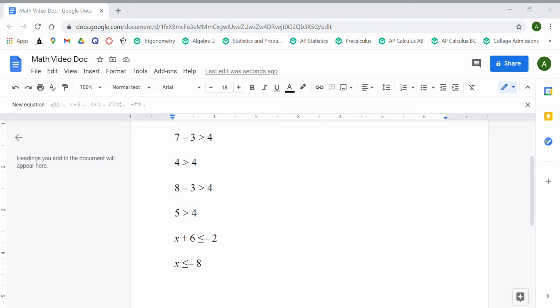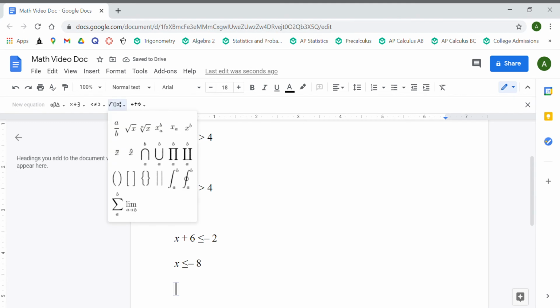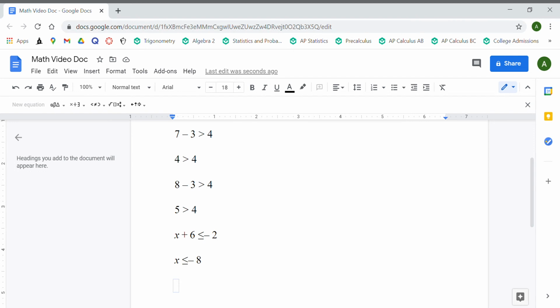So, adding and subtracting, really easy. Now let's try multiplication and division. Let's say that you have something like this: 4x is less than 16. Simple to solve.